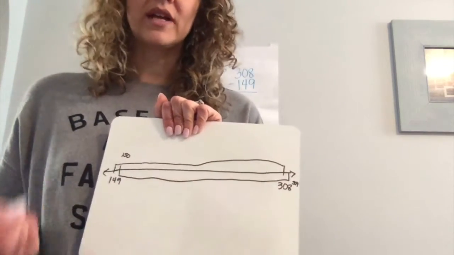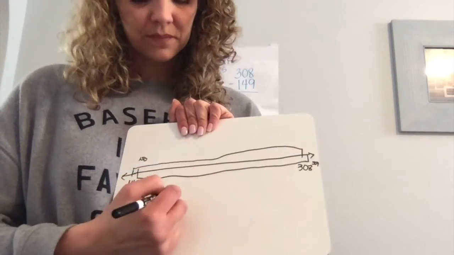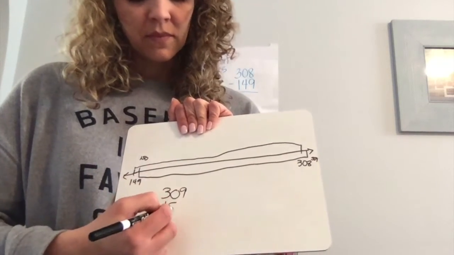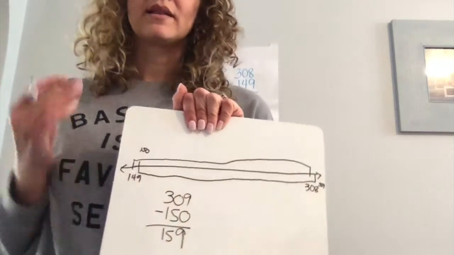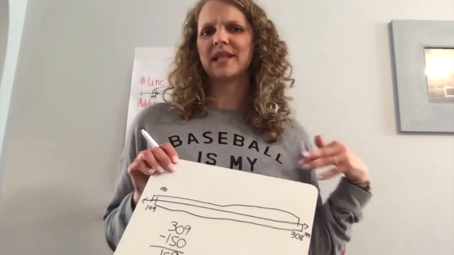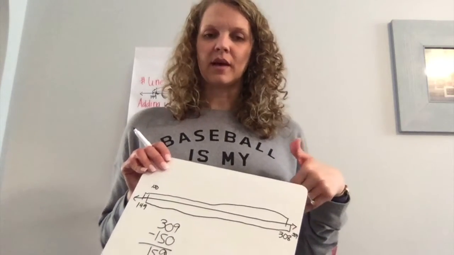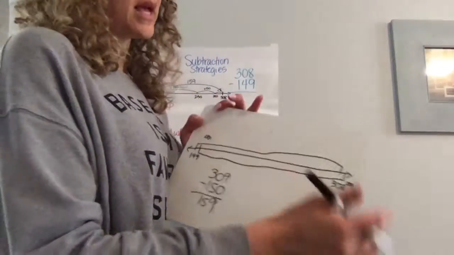And now we have 309 minus 150. It's the same answer. And like I told you on the addition, this problem does not really lend itself to making it easier, right?